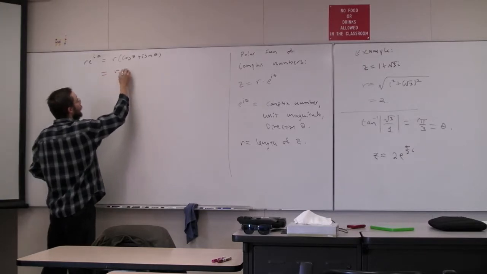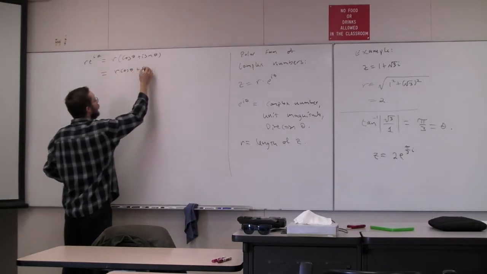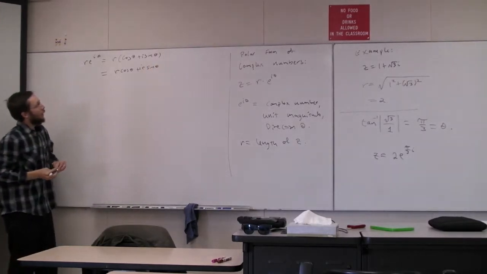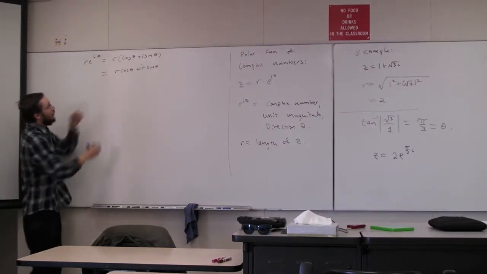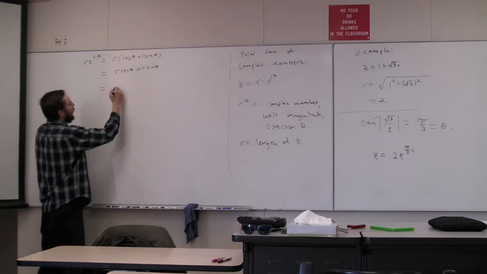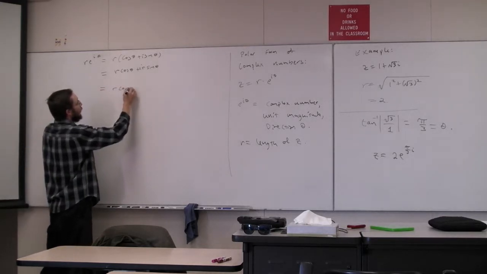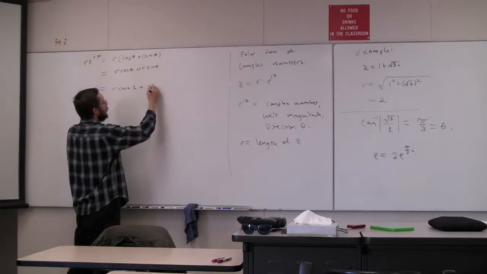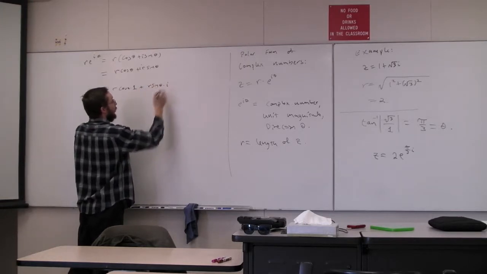Distribute the r through, and what you'll notice is that we have a secret 1 hiding right here. So we've got r cos theta times 1, and r sin theta times i.